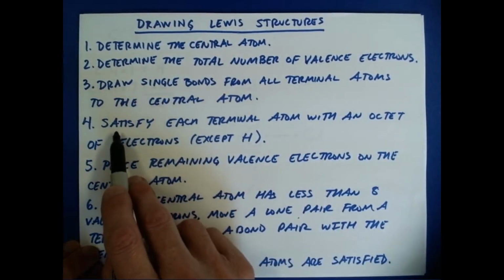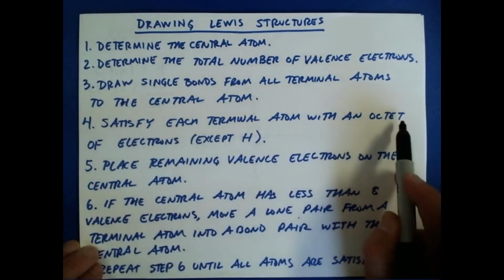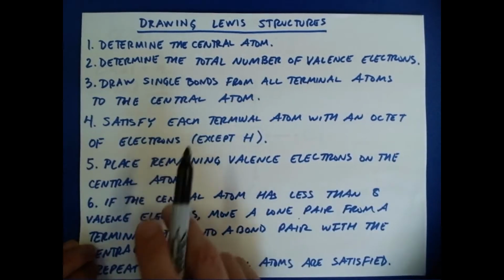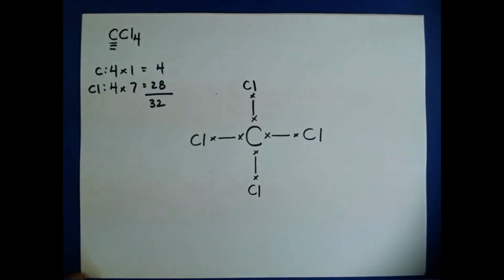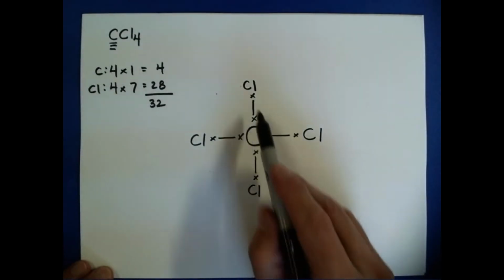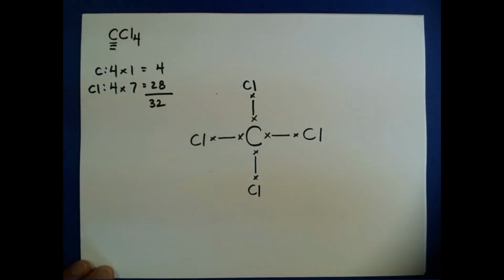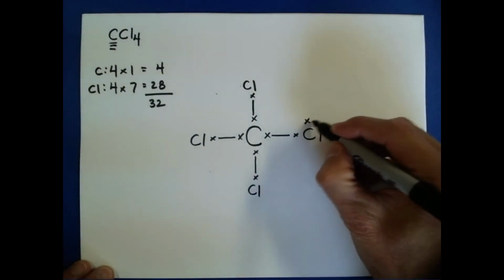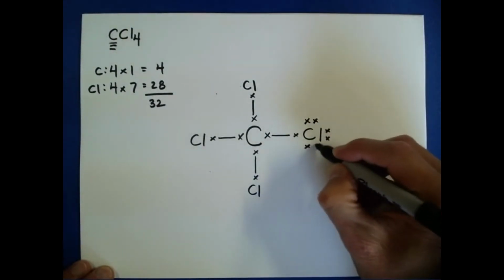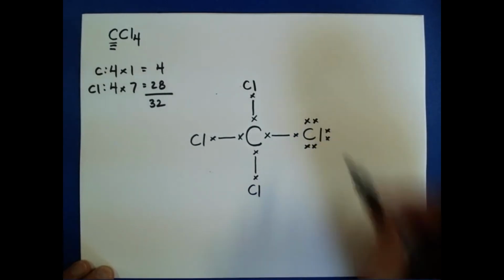Now I move to step 4. I'm going to satisfy each terminal atom with a stable octet of electrons, except hydrogen. Here we're not dealing with hydrogen, so let's give each chlorine atom a stable octet. We'll do that by adding 3 lone pairs for a total of 6 electrons to each chlorine atom.